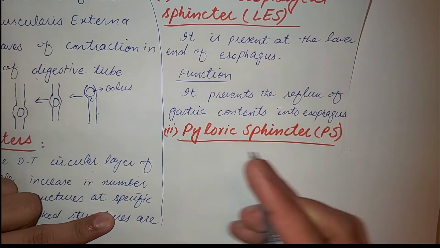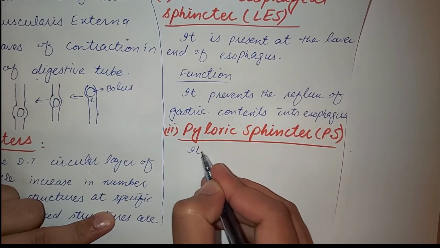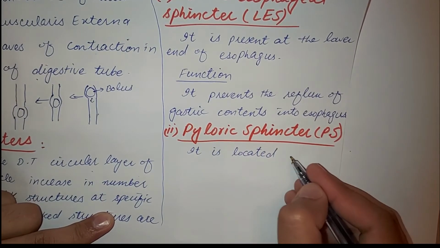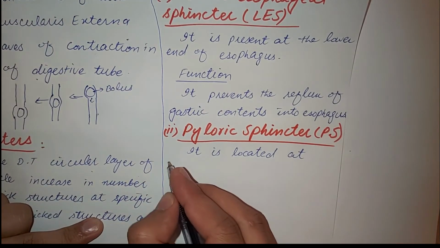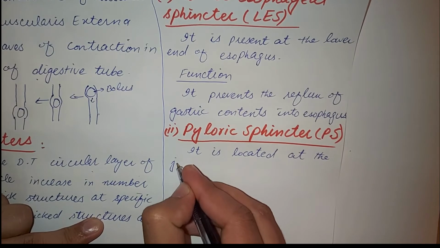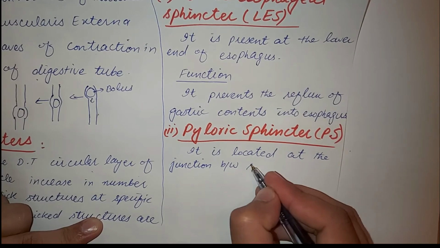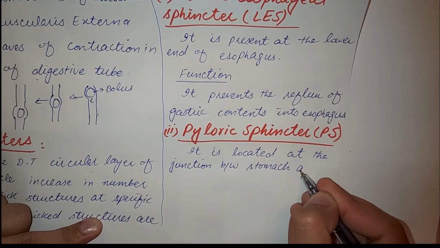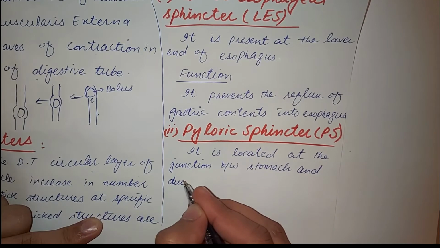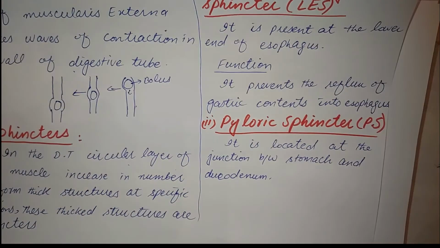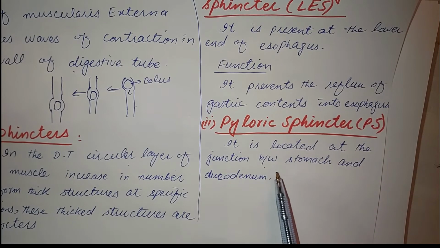The pyloric sphincter is located at the junction between the stomach and duodenum.